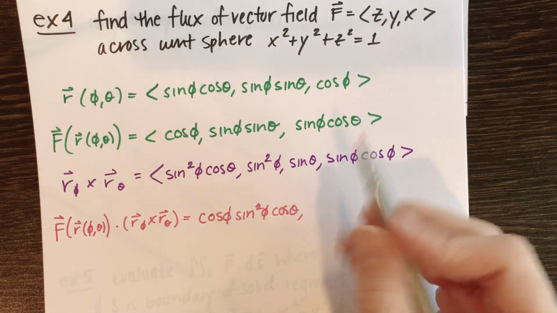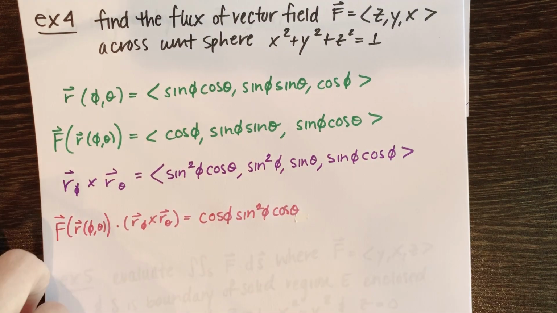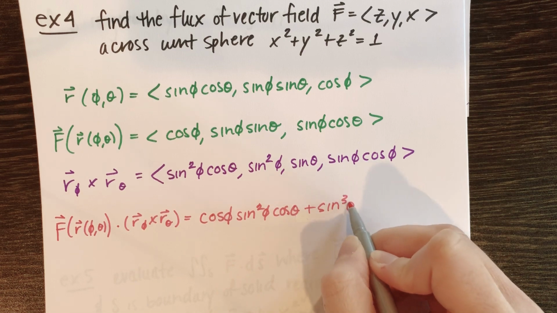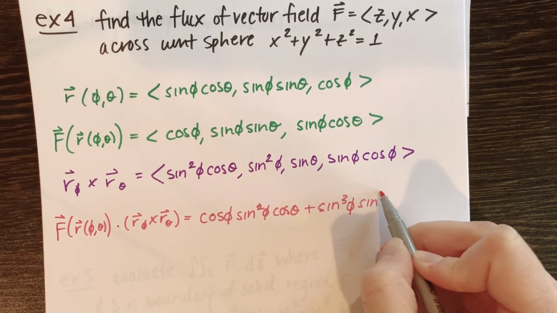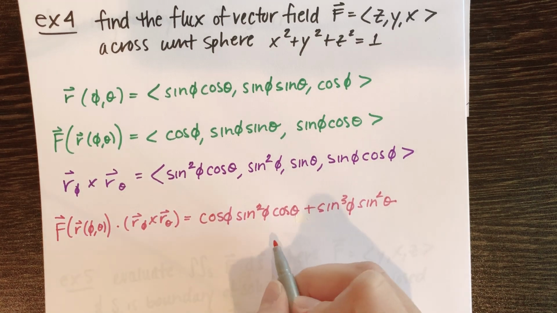Sine cubed phi. I should not have a comma there, right? Making sure I'm not making mistakes. Sine cubed phi sine squared theta, right?